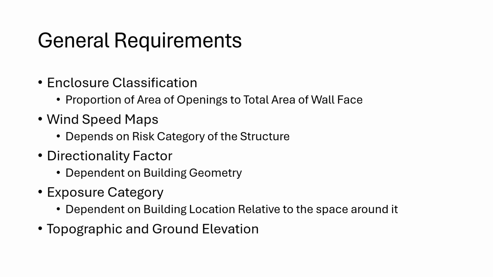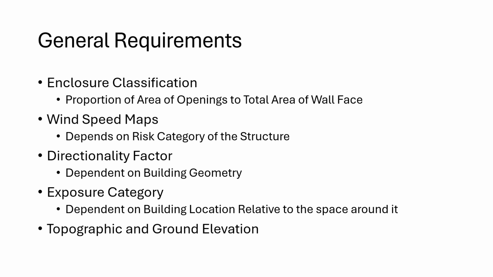And then you have topographic and ground elevation factors. These go hand in hand, because if you have a building on the top of the face of a hill, you're going to get different wind effects than if the topography of the surrounding area of the building is flat.